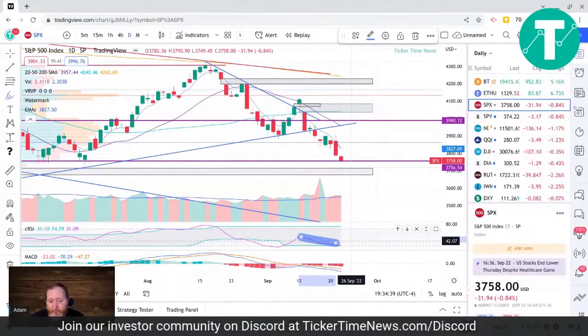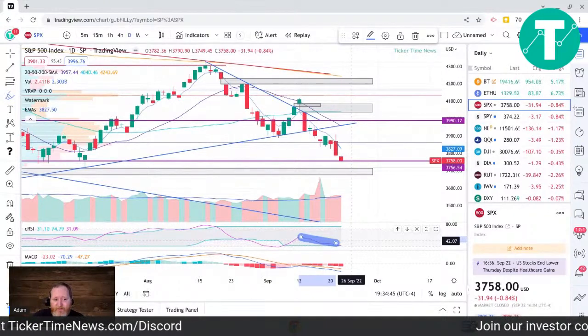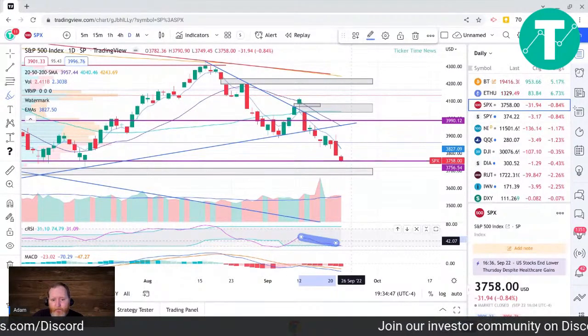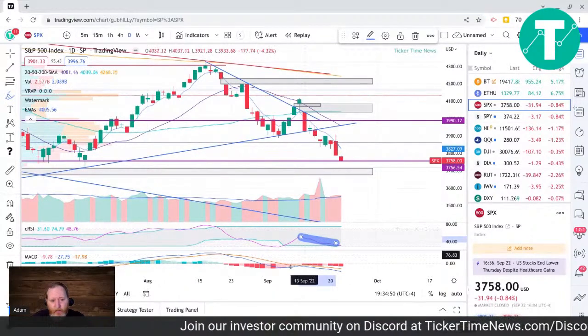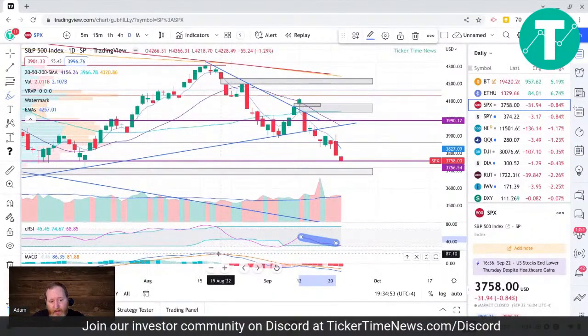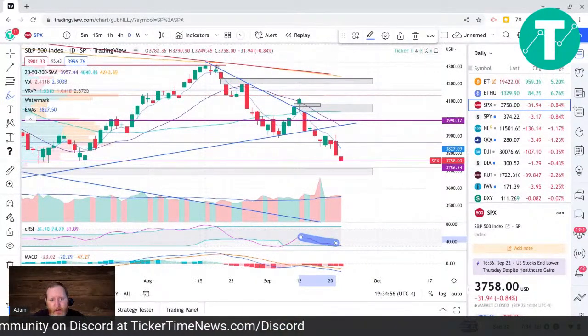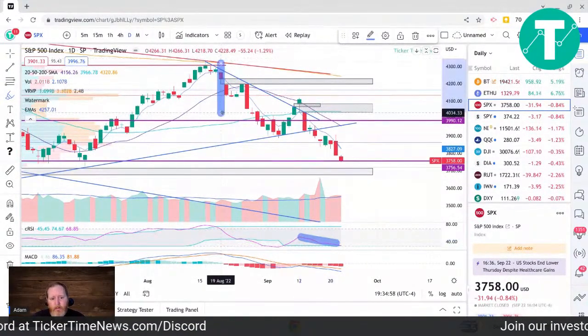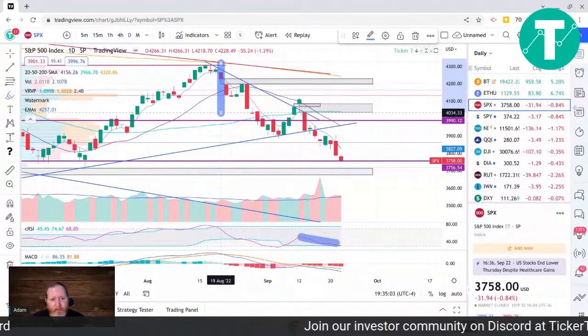MACD, it is still facing down. It has not started to turn over yet, so we do have that. But it's at a 70.29, the blue line there, which has been falling. I have to go all the way back here to August 19th, which is just about right here, for the MACD to start losing that momentum to the upside.